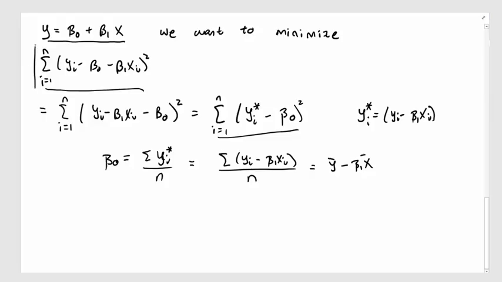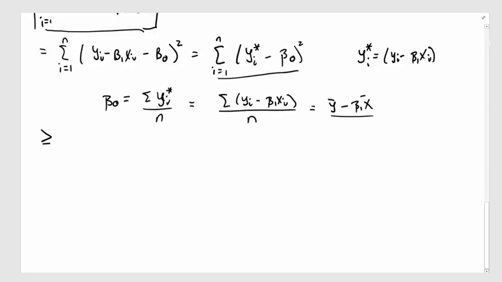So my least squares criteria is only going to get smaller if I plug in a beta naught that satisfies y bar minus beta 1 x bar. So why don't I do that?